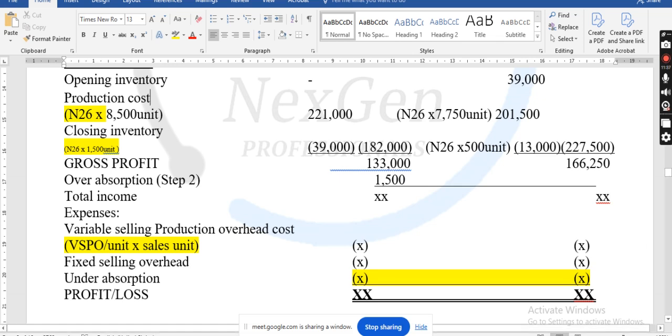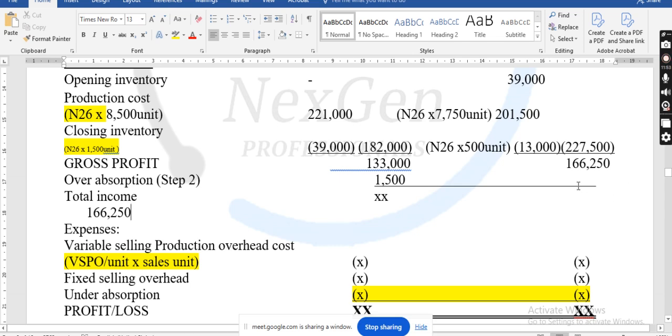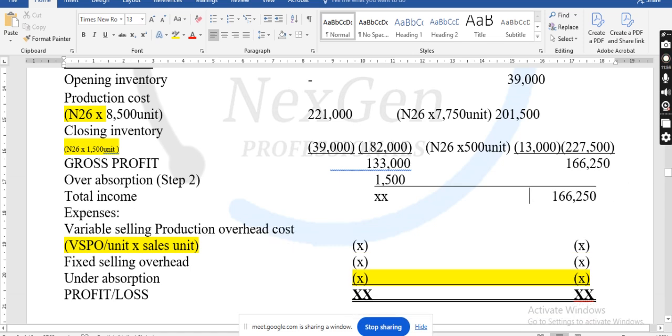So which means that your total income here, please add 113,000 plus 1,500. So you just bring this one down as your total income, 134,500.